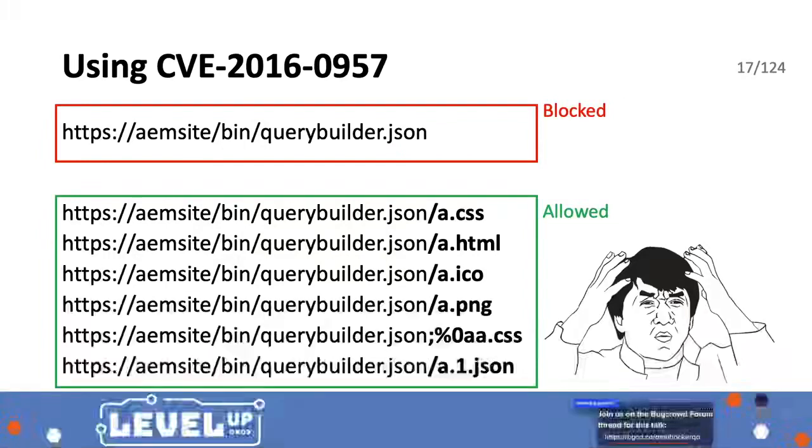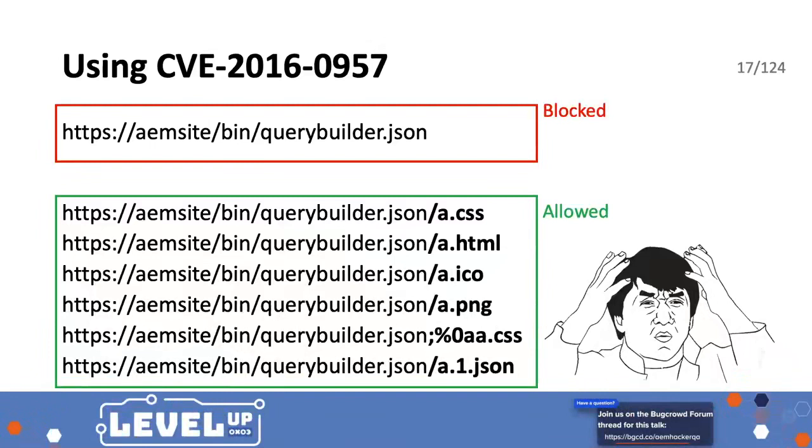So here is the bypass. It's stupidly simple. If we try to access query builder JSON servlet on route /bin/querybuilder.json, our request will be blocked by the dispatcher. But if we add /a.css to the URL, we can access query builder JSON servlet.